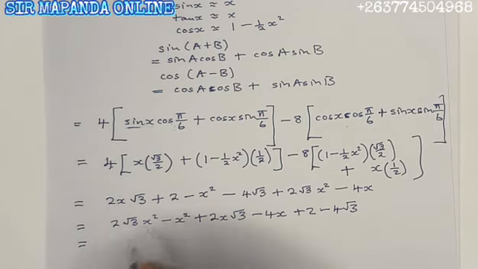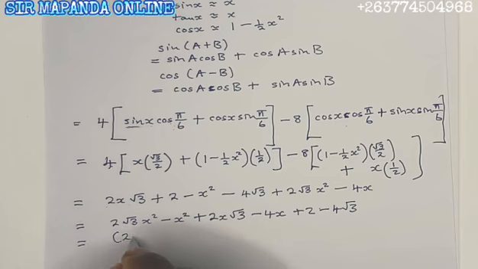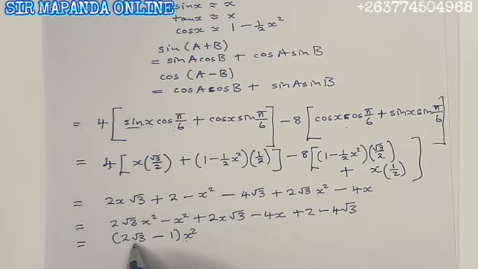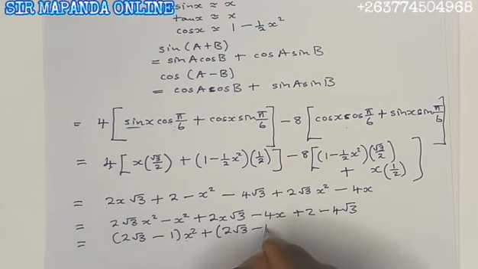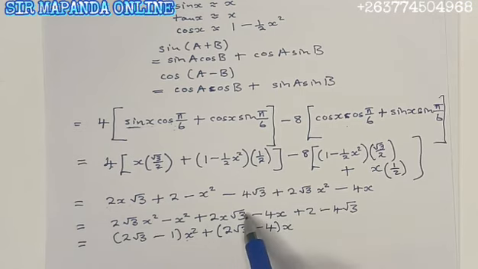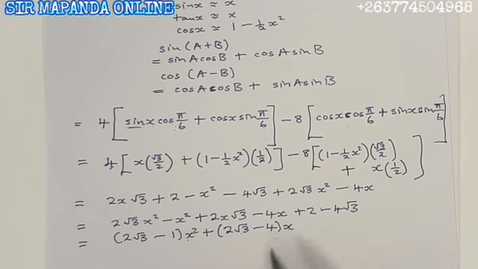Then you factorize. So you write 2 root 3 minus 1, x squared. You are saying x squared into this, you get this. X squared into minus x, you get minus 1. Plus, you put another bracket, 2 root 3 minus 4. Then you put x. Since x into 2x root 3, you get 2 root 3. And x into minus 4x, you get minus 4.